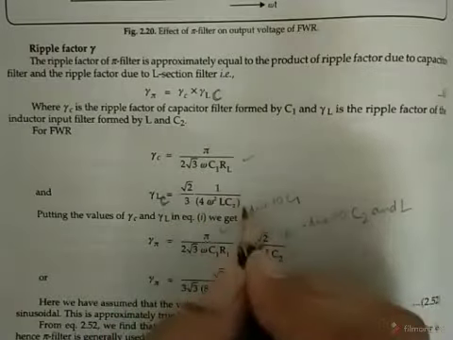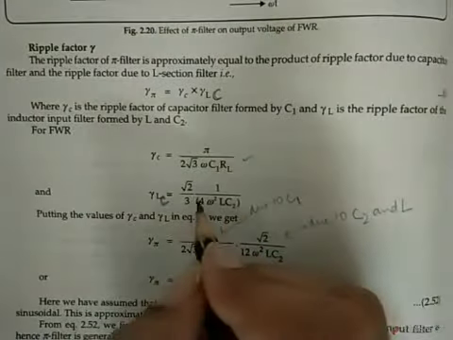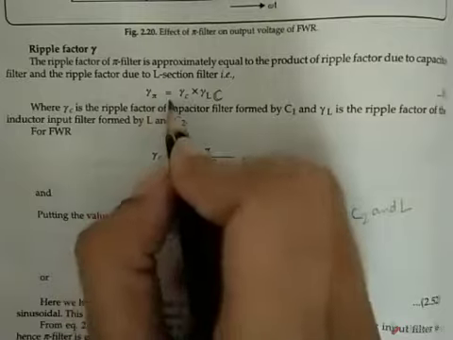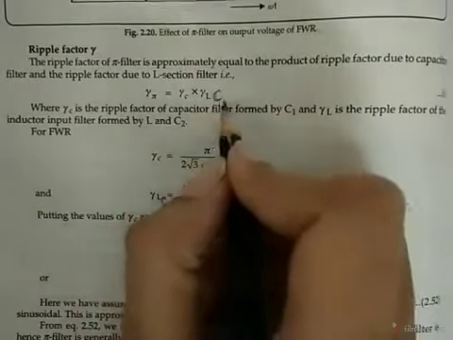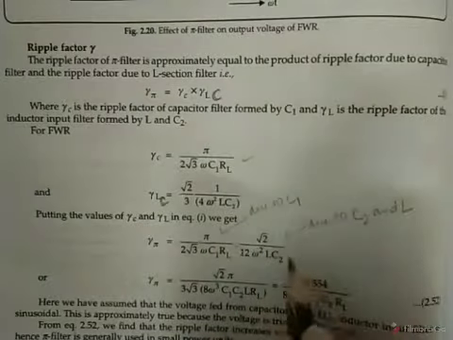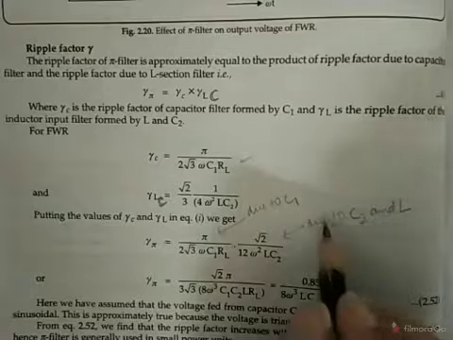We have shown that it is independent of R in the last article. Because the ripple factor is gamma C multiplied by gamma LC, we multiply these two terms. This term is due to C1 and this term is due to C1, C2 and L.